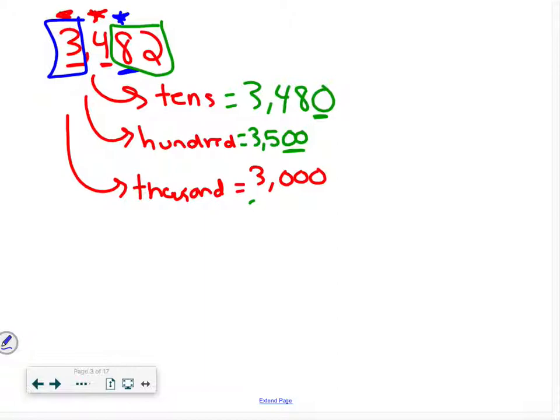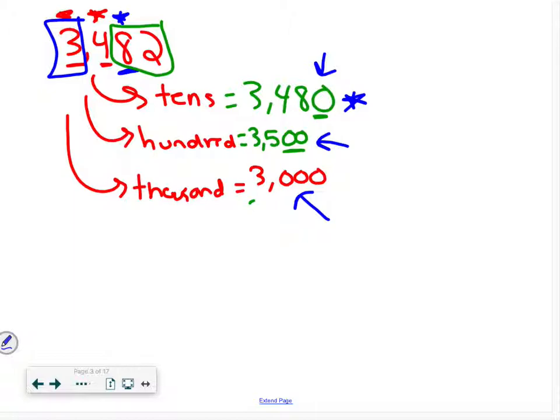If I really wanted to get the closest to the actual answer when adding, I would round to the nearest tens, because this is only 2 away from the original number. That would be a really close estimate. This one is only about 18 away from the actual answer. However, this one is 482 away from the actual answer.